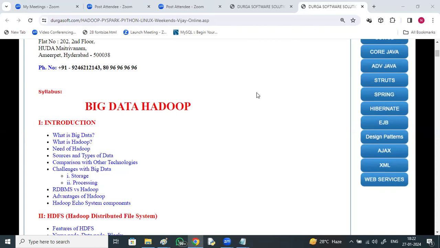But you have written that it's 15 weeks. So you are covering big data, Hadoop, PySpark, and Linux on the weekend? Yes. But there is confusion between 12 weeks and 15 weeks.